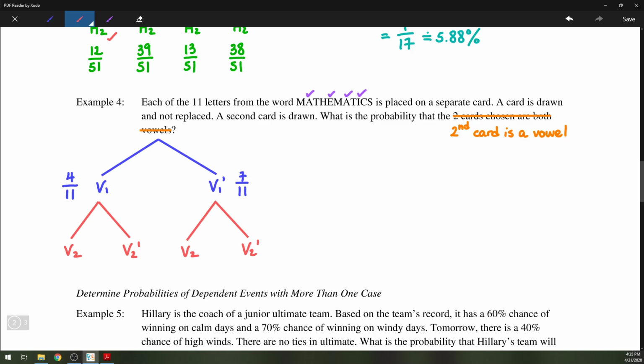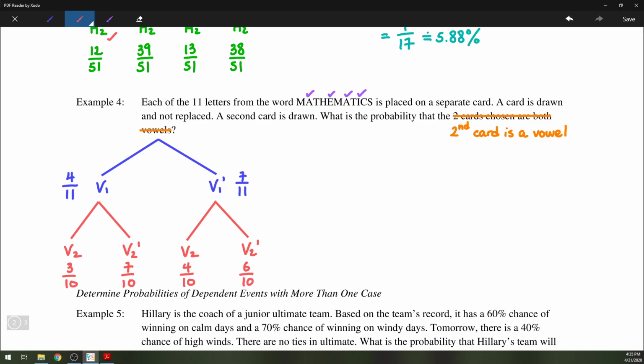From there, you will have only 10 cards left, 3 of which are vowels. If you drew a vowel the first time, you will still have 7 not vowels. And over on the right-hand side, if you drew a consonant on the first drawing, you will still have 4 vowels left, but you will only have 6 consonants left.